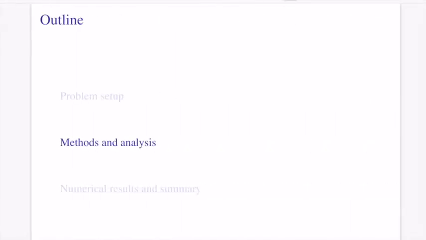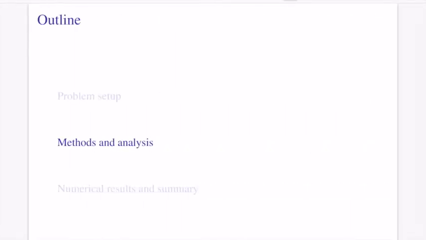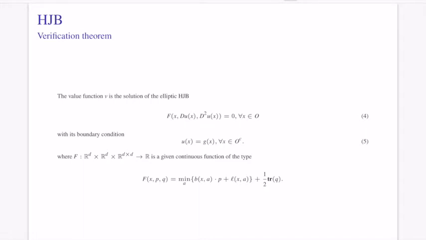All right. The second part, methods and analysis. To start with, we first recall the verification theorem. This theorem says if you are able to find the solution of the HJB equation given here, then this is exactly the value function of the control problem.